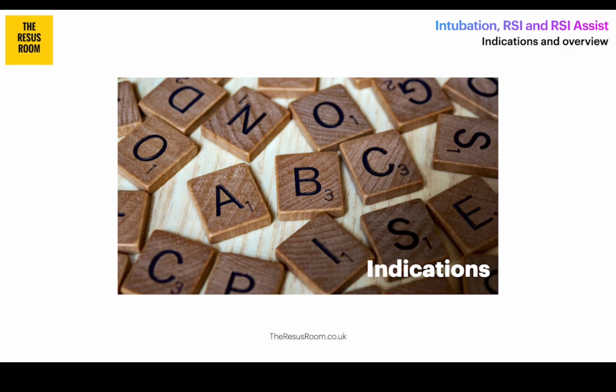C, to improve oxygen delivery in hypovolemia or to allow hemorrhage control procedures to be undertaken. D, neuroprotection, particularly in cases of traumatic brain injury or in patients with a reduced Glasgow Coma Score or in status epilepticus and, of course, in our post-cardiac arrest patients.